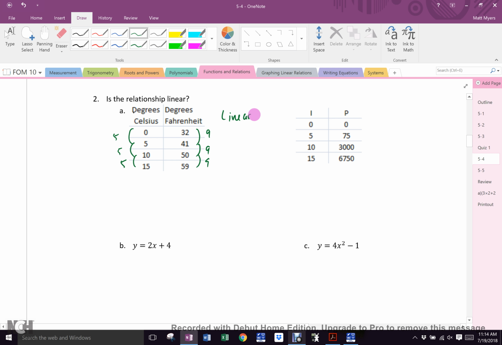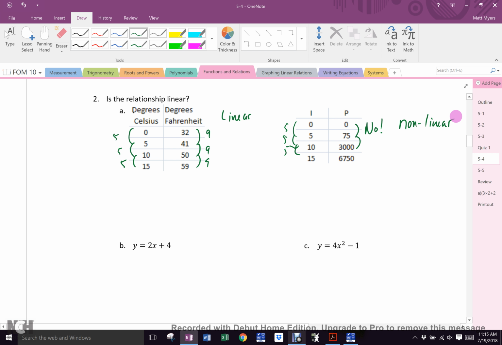Everybody understand? Okay. This one. That side's going up by 5. That's repeating. Right? 5, 5, 5. What about this side? No. 75, then 2,925. So that is non-linear.